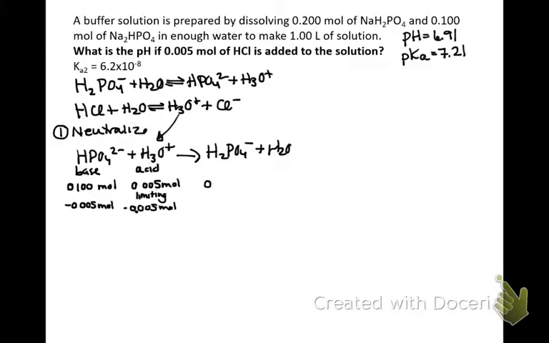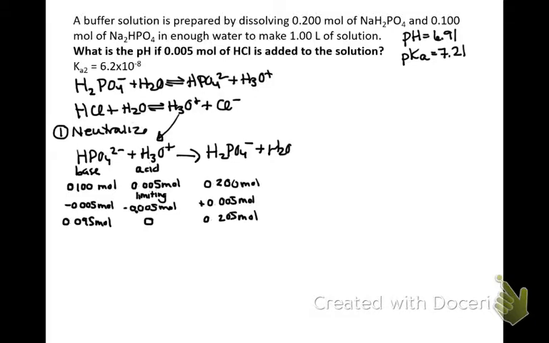We started with 0.200 moles of H2PO4 minus, and we're going to gain 0.005 mole when the H3O plus reacts with the HPO4 2 minus. So after that neutralization reaction occurs, we're going to be left with 0.095 moles of HPO4 2 minus, no leftover H3O plus, and 0.205 moles of the weak acid form, H2PO4 minus.